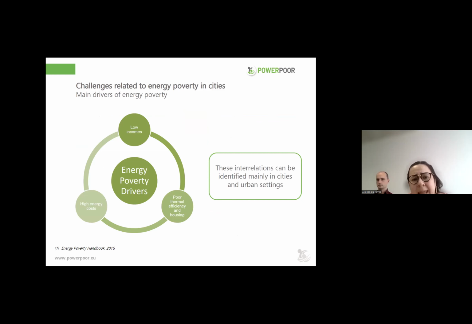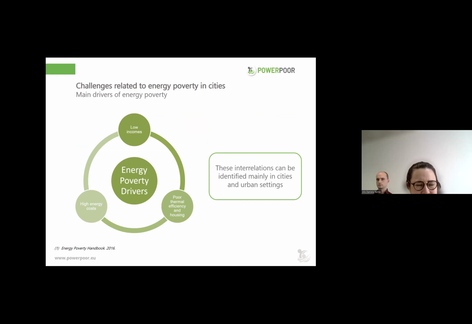And of course, we know that there are three main causes of energy poverty. Of course, we have the external things like the war or the climate crisis, but then internally there are some things that affect energy poverty. Of course, low incomes on a household level, also high energy costs that do not allow households to pay for it. And of course, there's another issue, which is the poor thermal efficiency of the households.